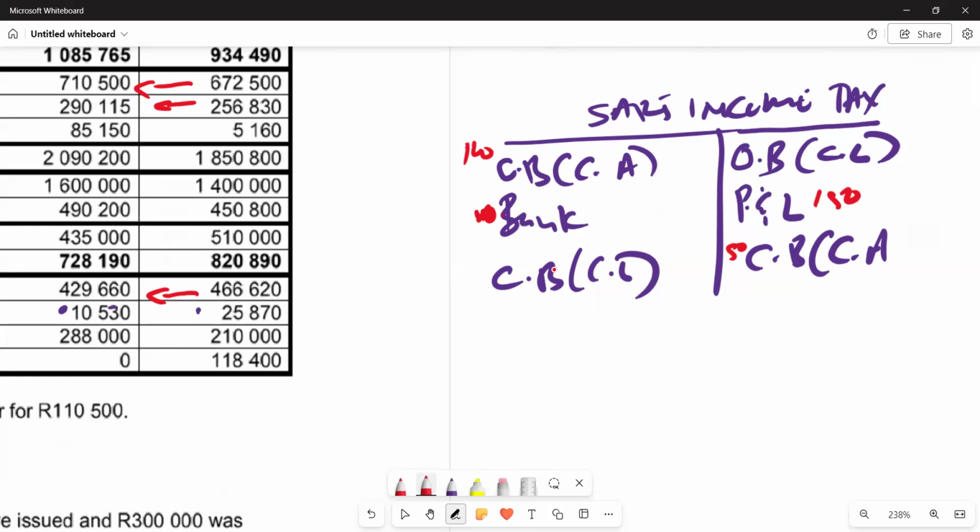So you can just calculate it depending on the figures that you are given. So this is what we have according to taxation. Let's go and see the next question that we are going to look at.